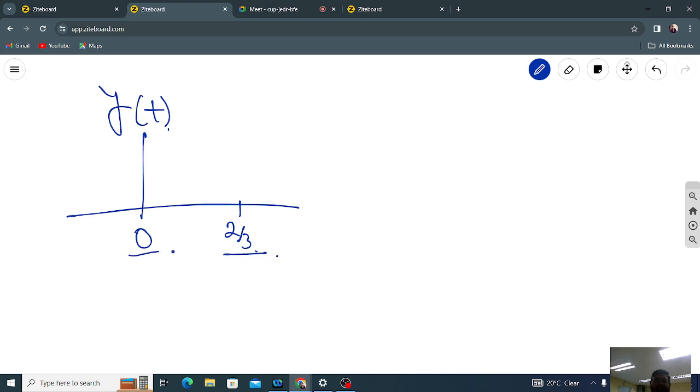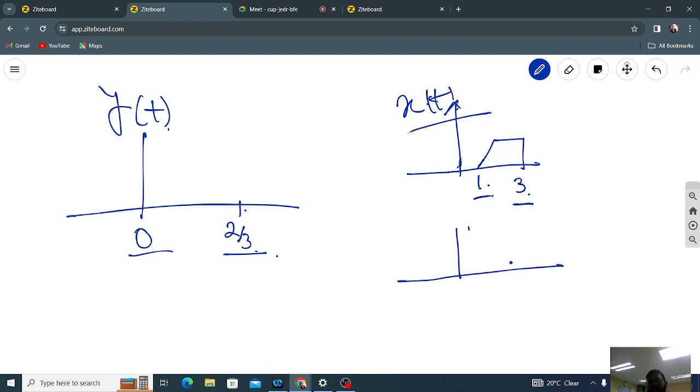So there is also a shifting property, because otherwise the signal x of t was from 1 to 3, and now it is from 0 to 2 by 3. The only possible way we can do it: first we just shift x of t to x of t plus 1.